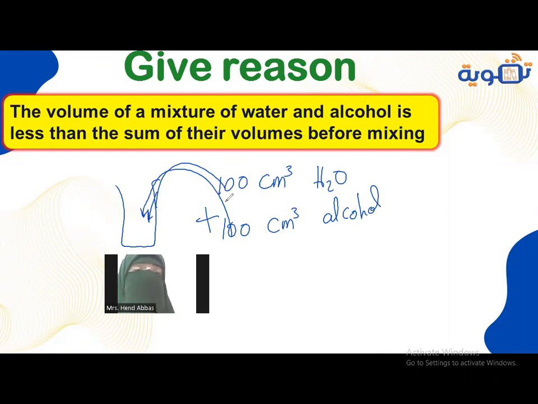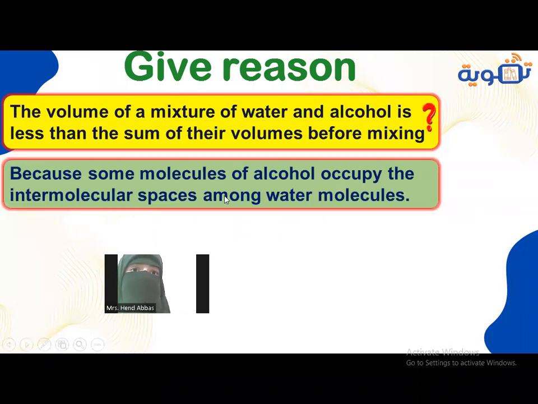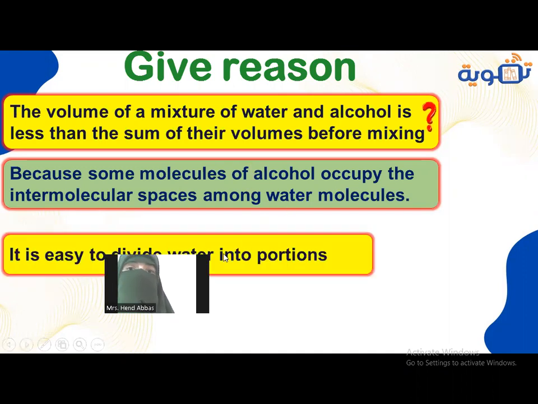No, the net volume will be less than 200. Why? Because some of the alcohol molecules enter and occupy the intermolecular spaces among the water molecules.